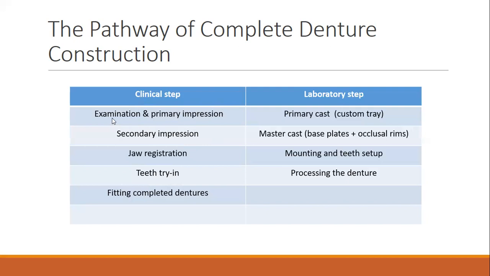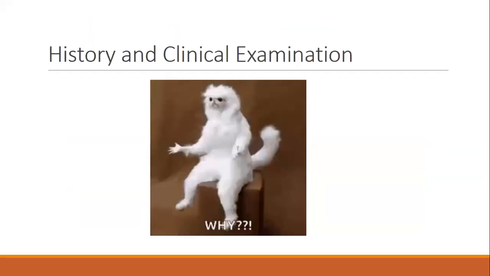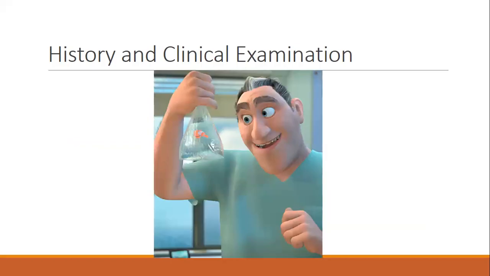In this lecture, we will be talking about only the primary impression, as we have talked about the anatomical landmarks before, which is supposed to explain why we examine our patients. So you may ask why I should take a history and a clinical examination for my patient. The answer, because you are the dentist and you are the decision maker who will make the decision, what should I do for this patient?